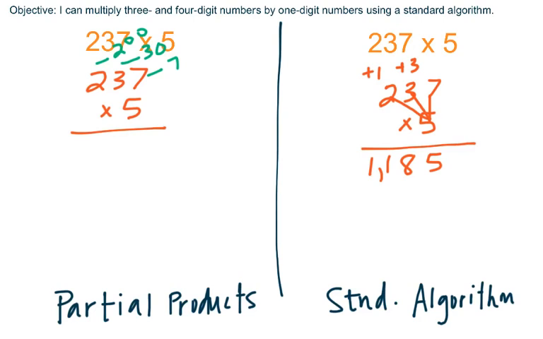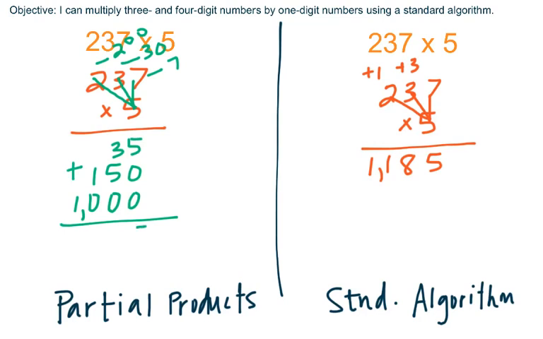Okay, 5 times 7 is 35. 5 times, not 3, but 30. 5 times 30 is 150. And 5 times 200, well, 5 times 2 is 10. And then multiply by that 100, I'm going to end up with 2 additional zeros on the end. Add them up.